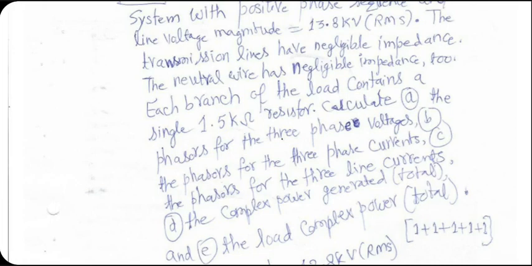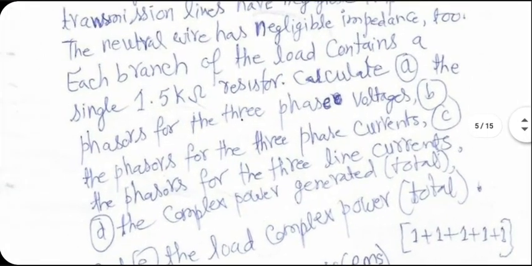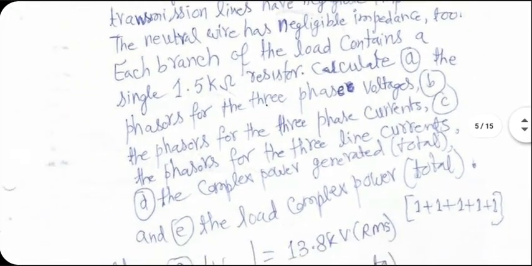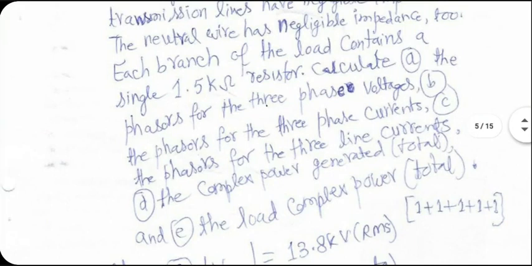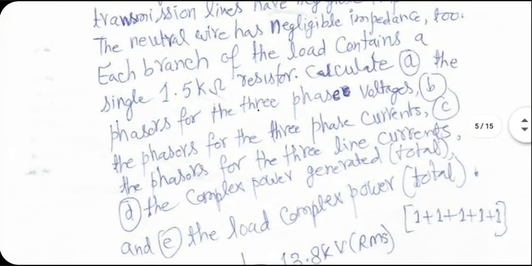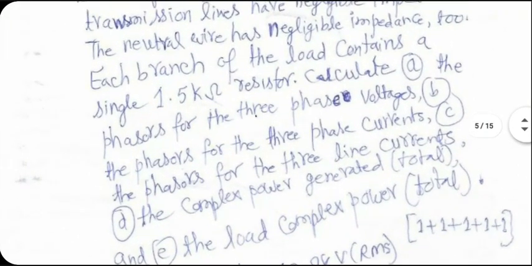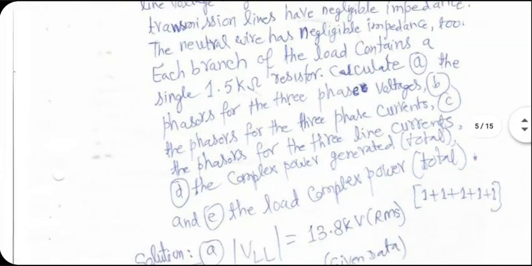So answers in B and C should be the same, I think, but we'll go through it. The complex power generated total and the load. The complex power generated, that means on the generator side, and the complex power on the load side, both. Anyway, I think they will be the same because lines have no losses.